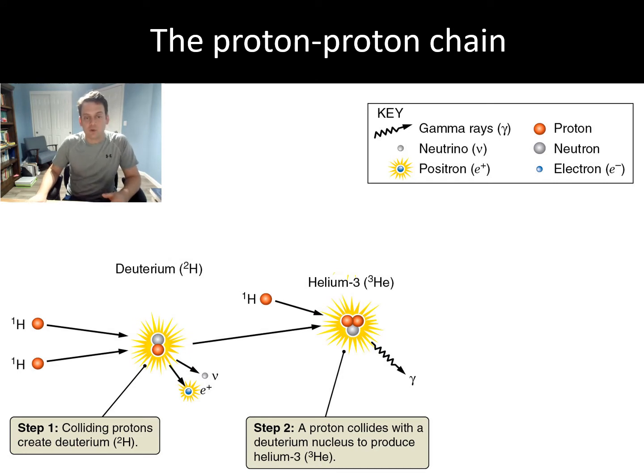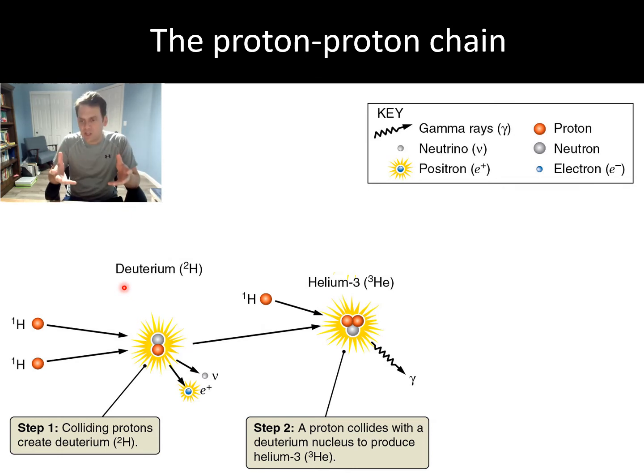So if you form a deuteron, this deuterium nucleus, it's flying around at extremely high speed in the core of a star. What is it most likely to encounter? Well, it's most likely to encounter another hydrogen. And when it does, another nuclear reaction occurs. This one's a pretty straightforward one. The new proton just fuses directly with the deuteron and releases some energy.